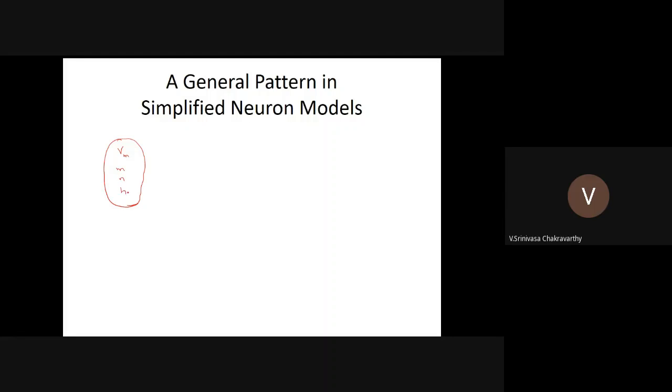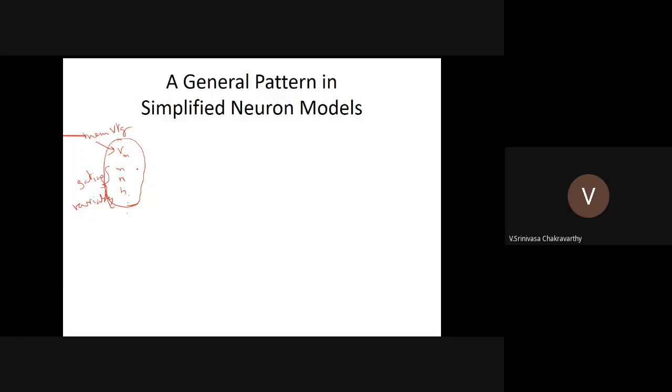You can have many of them because you can have many different kinds of voltage-gated channels. So these are the gating variables, and this is the membrane voltage. This is the overall structure of any neuron model.